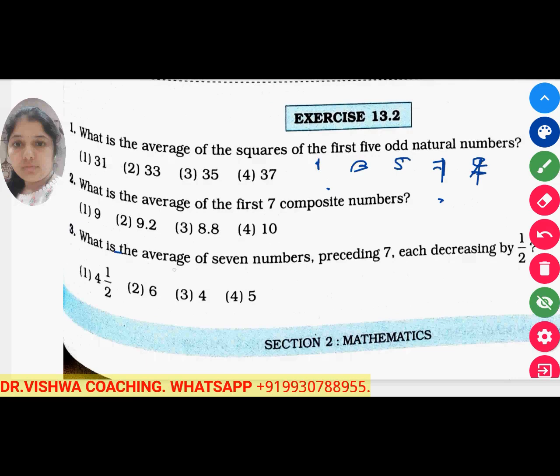Now what is the average of 7 numbers preceding 7, each decreasing by 1/2? So what you have to do here, preceding 7 means 7 numbers before 7 but decreasing by 1/2. So 6.5, 6, 5.5, 5. Like this you have to calculate the 7 numbers and add them and then divide it with 7, so you will get the answer.